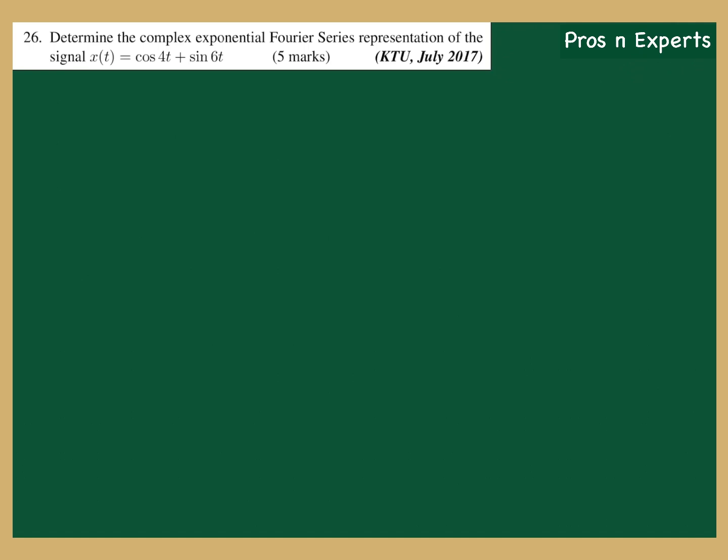Determine the complex exponential Fourier series representation of the signal x of t equal to cos 4t plus sin 6t. So, I have already told you in some previous videos that when the exponential Fourier series representation is asked for certain signals like sinusoids, sine, cosine, or complex exponentials, I recommend you to do the method of inspection.